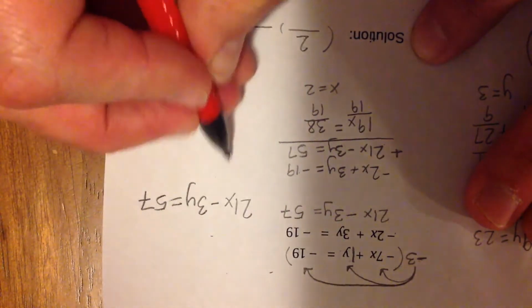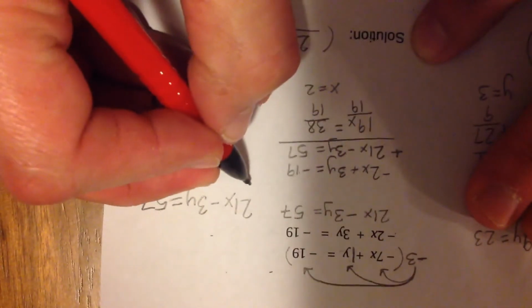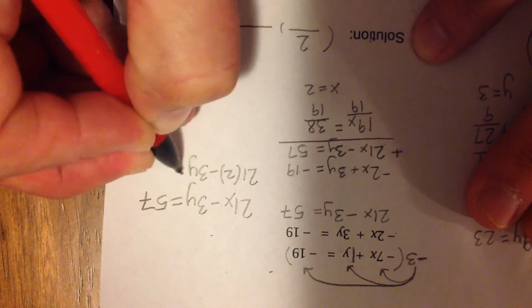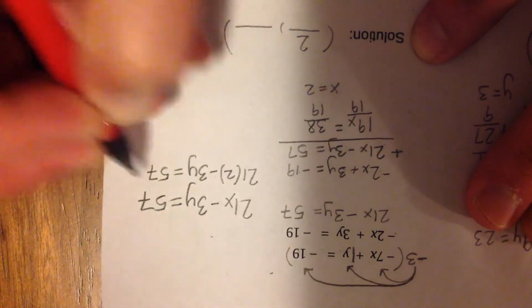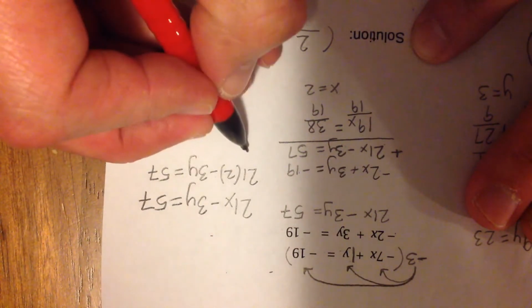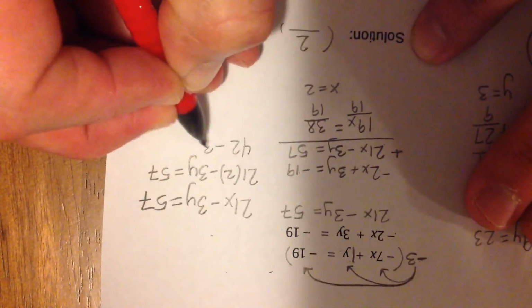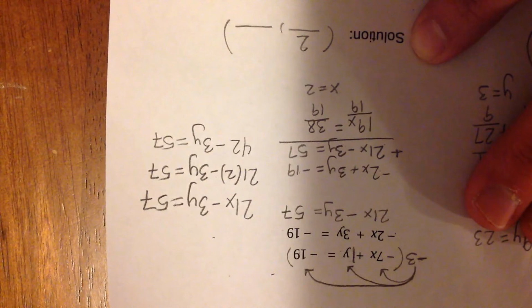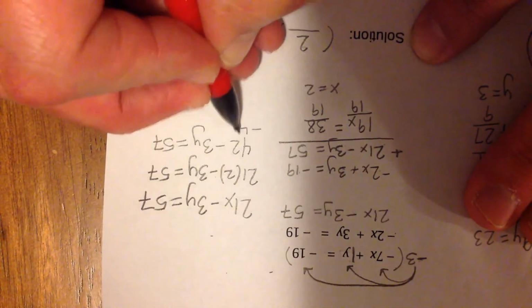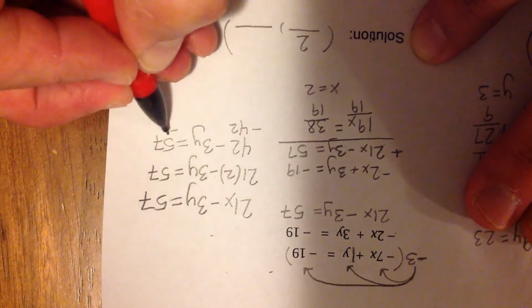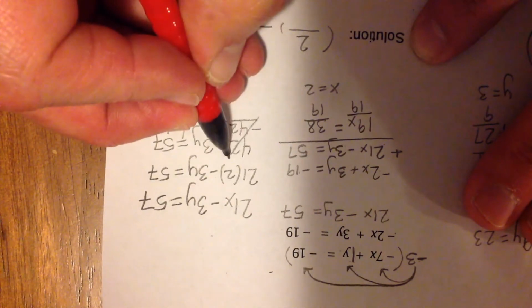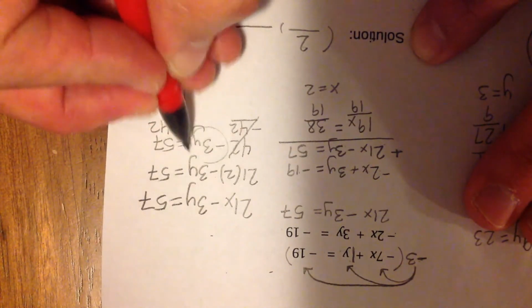I'm substituting 2 in here for my x. 21 times 2 minus 3 times y equals 57. I multiply 21 times 2, that's 42, minus 3y equals 57. Now I have to subtract 42 from both sides. 42 minus 42 is a 0 pair, but you have to be careful, this is negative 3y.